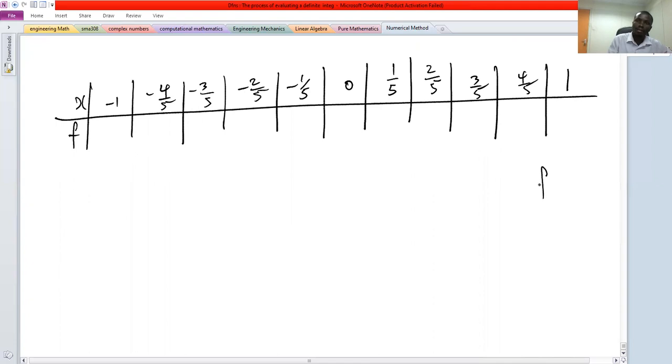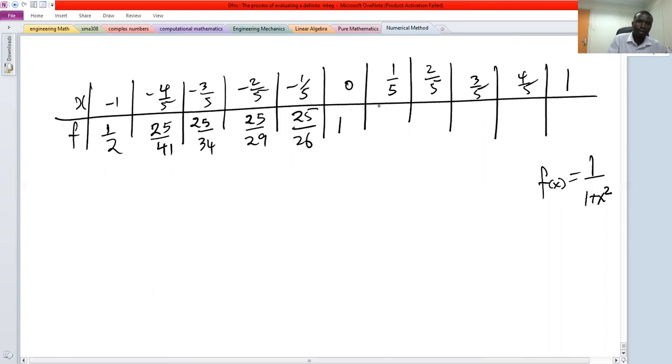Remember that still the function is 1 over 1 plus x squared. So putting these values of x, we'll have a half, 25 over 41, 25 over 34, 25 over 29, 25 over 26, 1, 25 over 26, 25 over 29, 25 over 34, 25 over 41, and then a half.